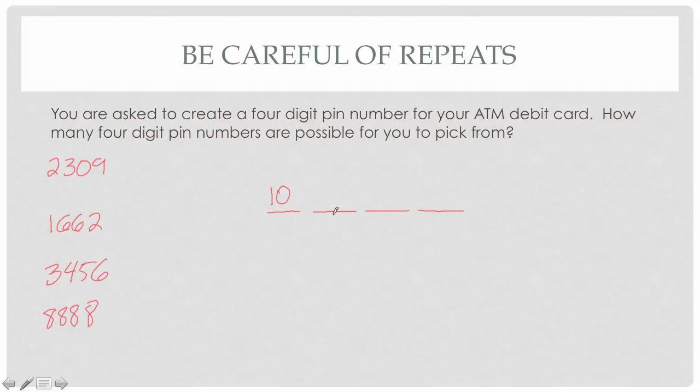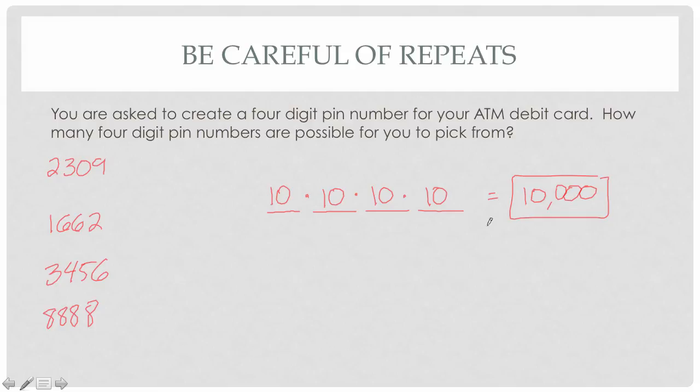Now my second number, I can repeat, right? So I have the same 10 digits I could choose from, the same 10 digits for the third number, and the same 10 digits for the fourth number. If I multiply them all together, 10 times 10 is 100, times 10 is 1,000, times 10 is 10,000. There are 10,000 potential different PIN numbers that you could have for your debit card.